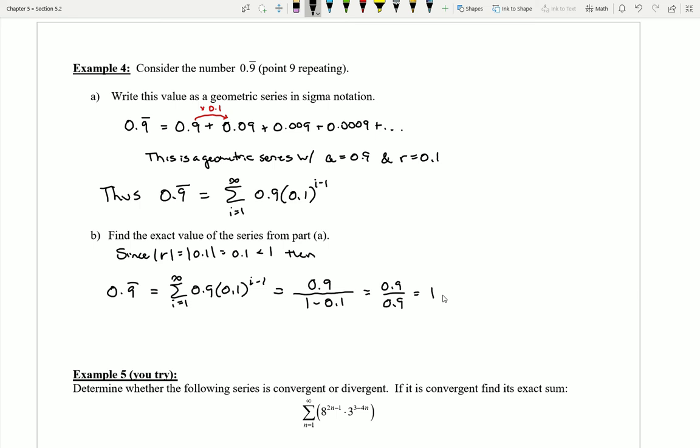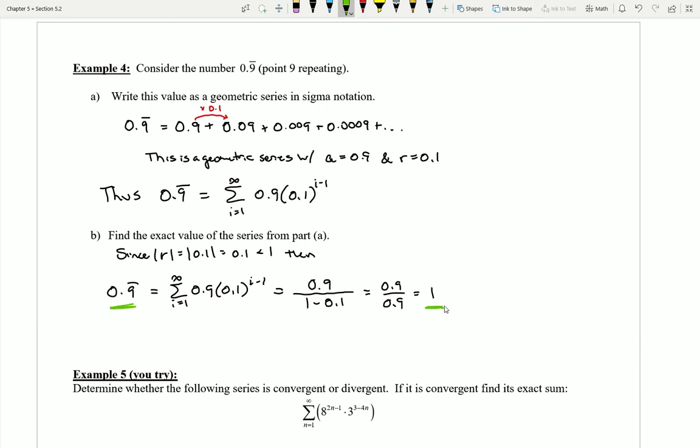I need you to stare at what we just wrote there, because this is really important. I never abuse my equal signs. Look at what we just said are the same. 0.9 repeating and 1 are equal.